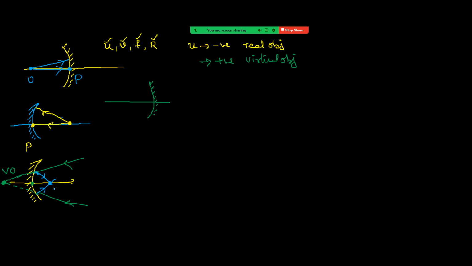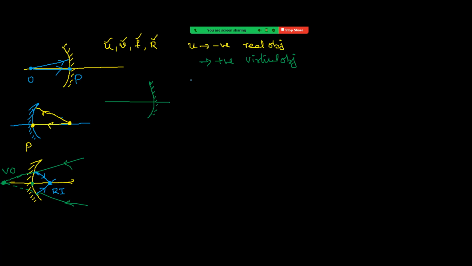So this is a real image. Whenever rays converge after reflection, they converge in front of the mirror, on the negative x-axis.